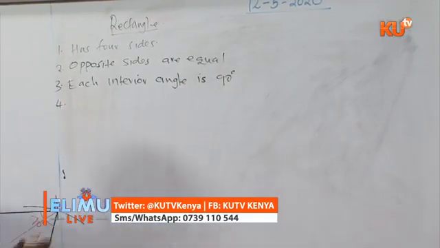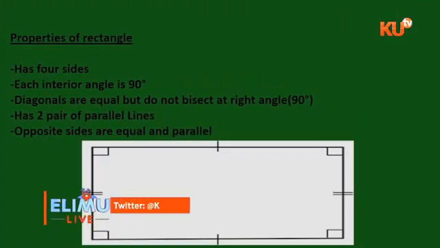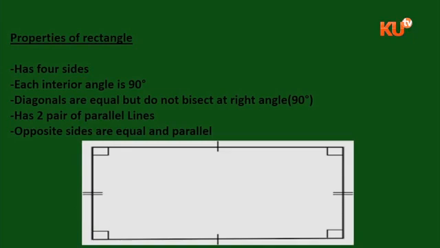Number 4, diagonals are equal, but do not bisect at 90 degrees. They are equal, but they do not bisect at 90 degrees.